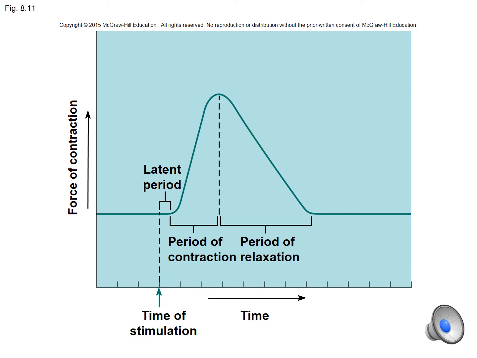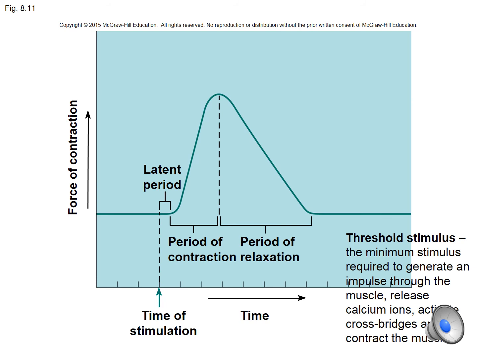Another thing to keep in mind is something called the threshold stimulus. Because there are so many steps to a muscle contracting, the body doesn't want to do all those steps if it doesn't have to. So sometimes nerves will get messages that they're not going to necessarily act on.